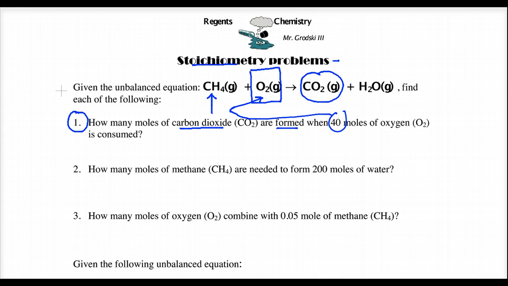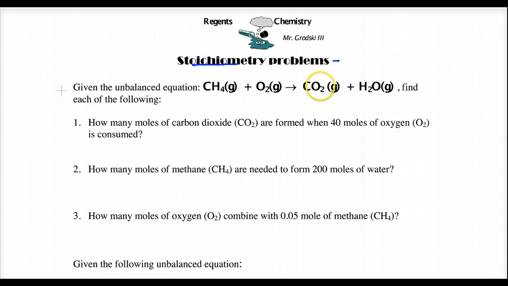So what's cool about stoichiometry, once we have the balanced chemical reaction, once we know how many of each of these is needed to be produced or made, we can start answering questions about other chemicals linked by these ratios. So we're able to, let's say, hey, not only do I want to figure out how much methane to oxygen do I need to have the best reaction, the most explosive reaction possible, but I can also figure out exactly how much water I will make if I have these ingredients.